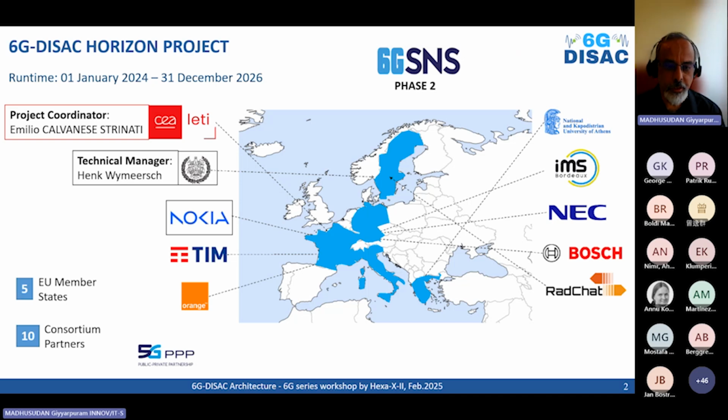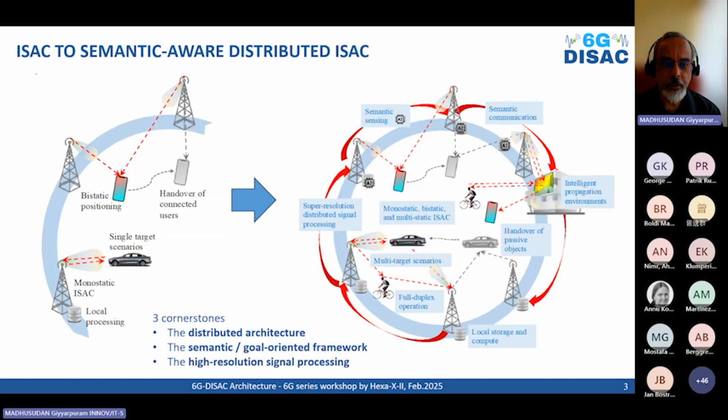You can see the various partners here. In the interest of time, I won't list them all. Emilio will also be involved with 6G-GOALS; I'm mentioning this because for the semantic part, we collaborate with 6G-GOALS. And there's, of course, Henk as the technical manager.